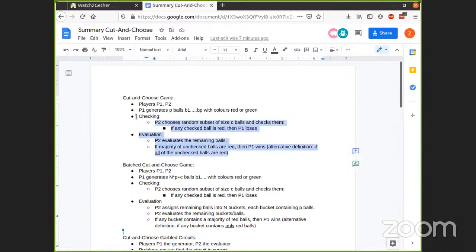They explain the cut and choose as a game as well, abstractly, which is maybe a bit easier to understand if you remove the garbled circuits part. So the game is you have 2 players, P1 and P2, and P1 generates p balls, small p balls, and the balls are either red or green. Red would signify an incorrect garbled circuit, and green would be a correctly generated garbled circuit.